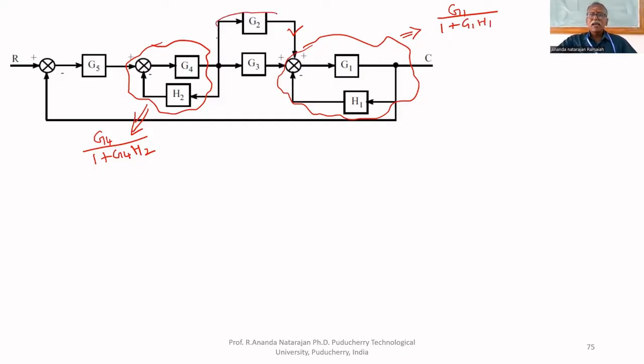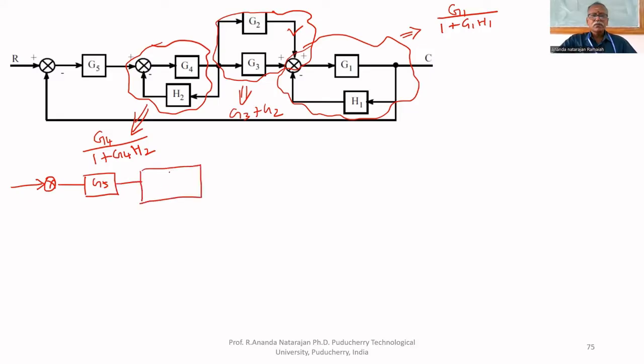These two are in parallel, so this can be written as G3 plus G2. Now the block diagram can be reduced to G5, G4 upon 1 plus G4H2.